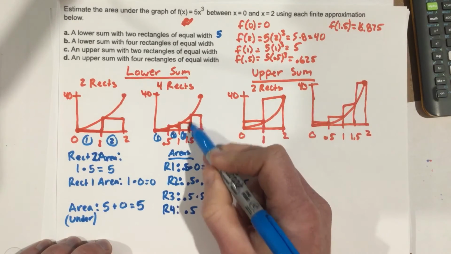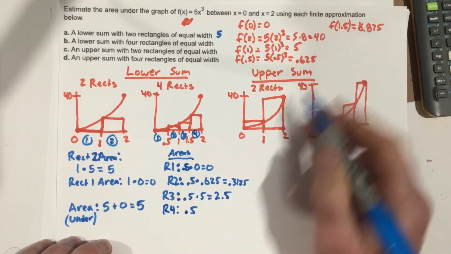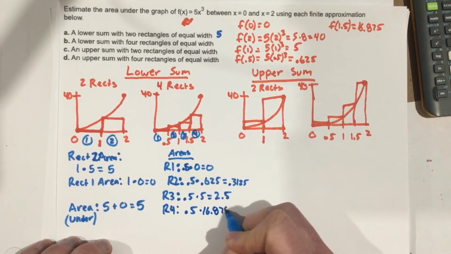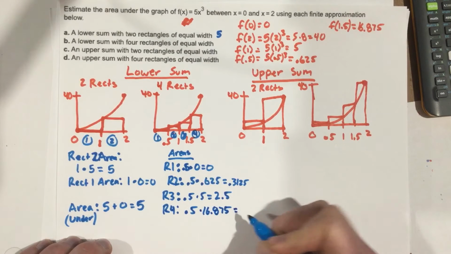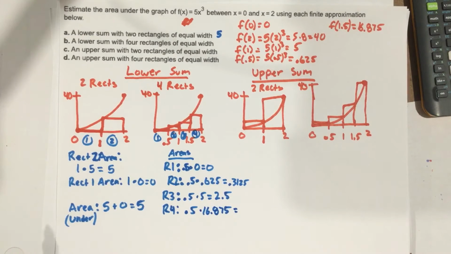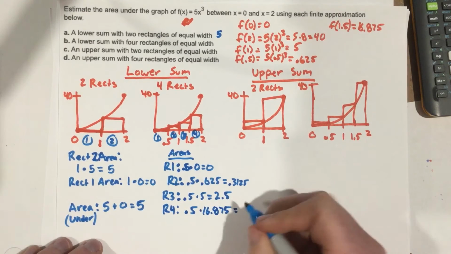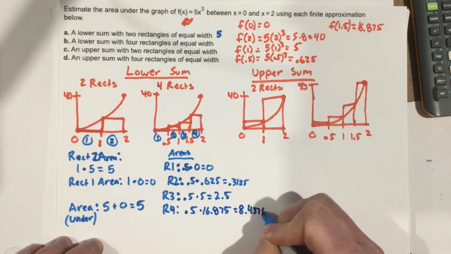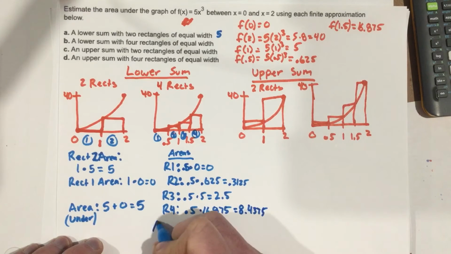Well, its height is f of 1.5, which is 16.875. So 0.5 times 16.875, we end up with 8.4375.